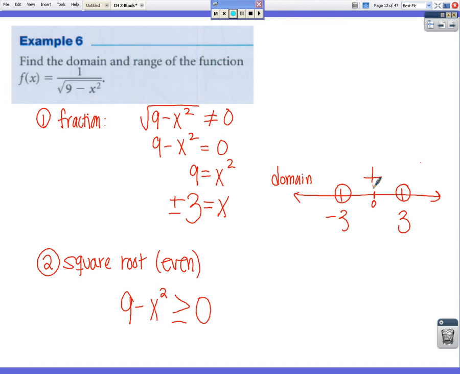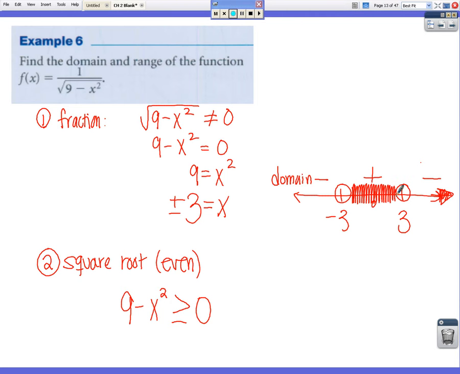If I put in positive 100, which would be somewhere down this side of the line, I would get a negative value if I put in 9 minus 100 squared, and same thing over here, 9 minus negative 100 squared. So when you look at the domain actually for this function would only be here.